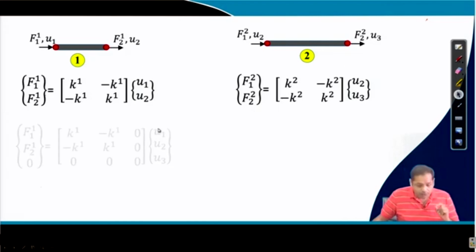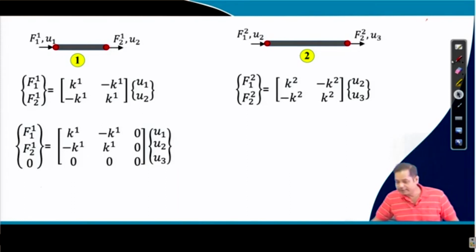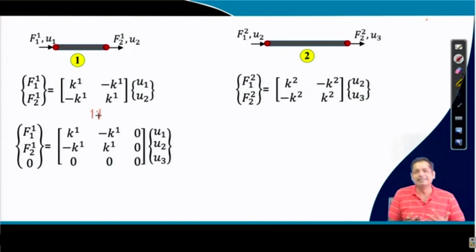So this expression can now be rewritten like this. The idea is that on the right hand side, where you had U1 and U2, you put all the degrees of freedom, U1, U2 and U3. So these two equations are essentially similar, but written in a different way.